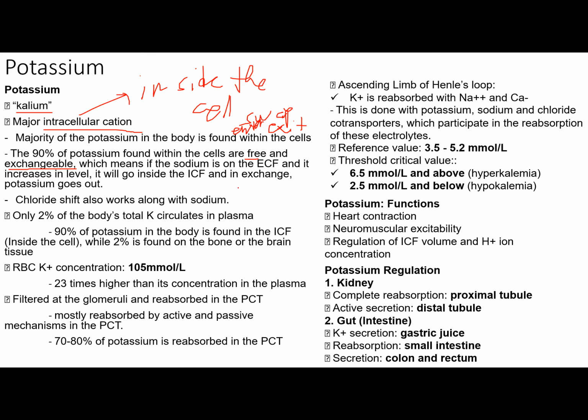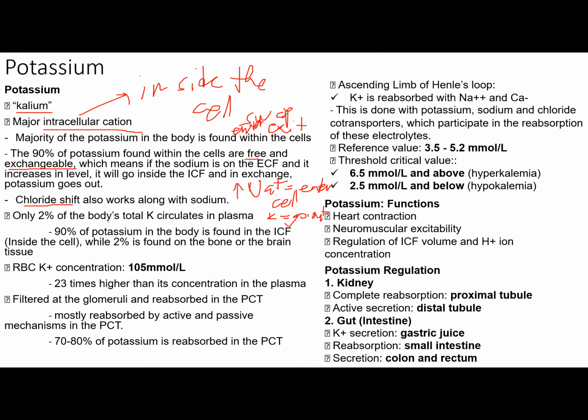So ulitin ko class, kapag daw mataas ang sodium nyo, it can enter the cell causing your potassium to exit the cell. Now, chloride shift also works along with sodium. So, later explain ko kung ano yung chloride shift na yan sa chloride.